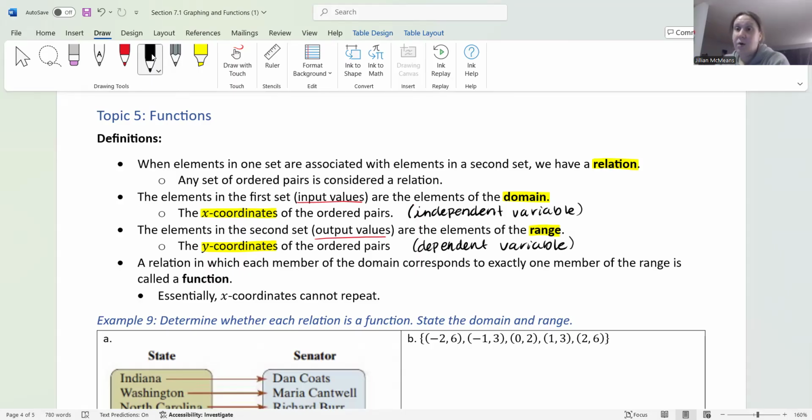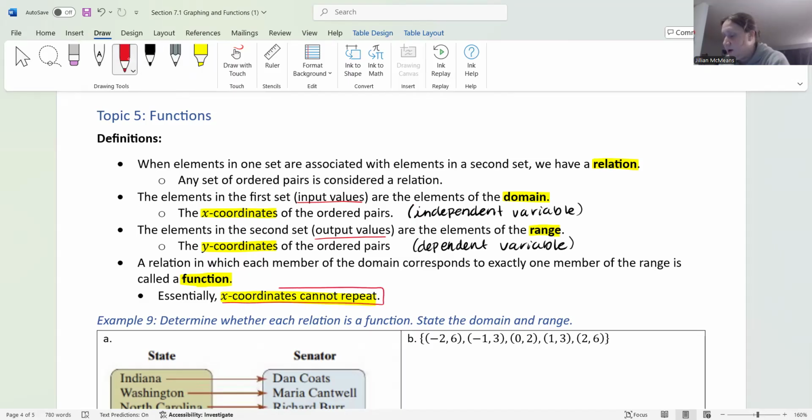Now, if you have a certain type of relation, we can then call it a function. We're getting ready to define function. A relation where each member of the domain corresponds to exactly one member of the range is a function. What that definition is saying is that when we look at a function as a set of ordered pairs, the x coordinates cannot repeat.